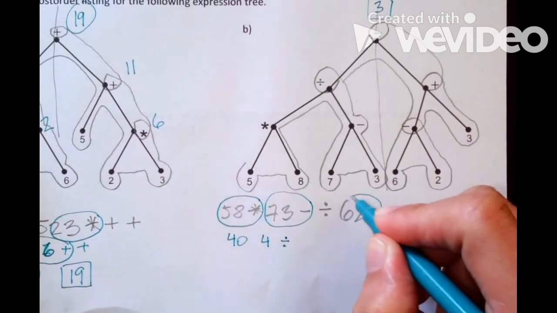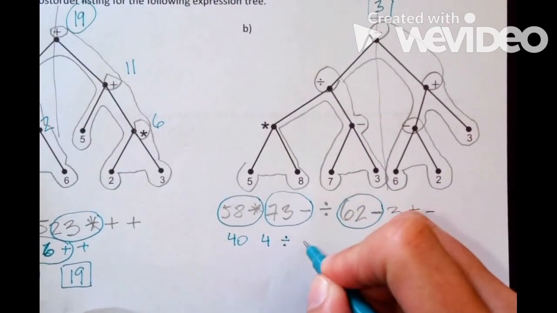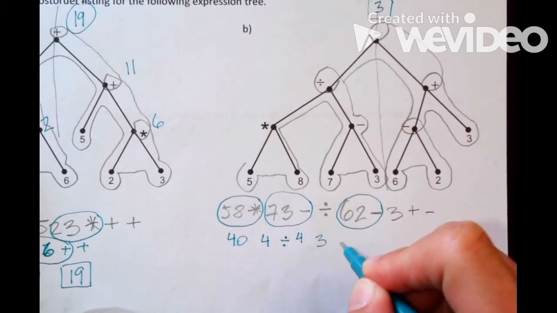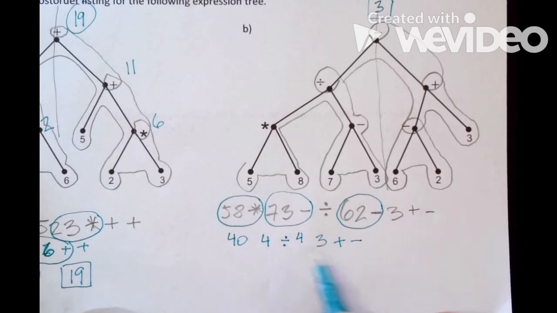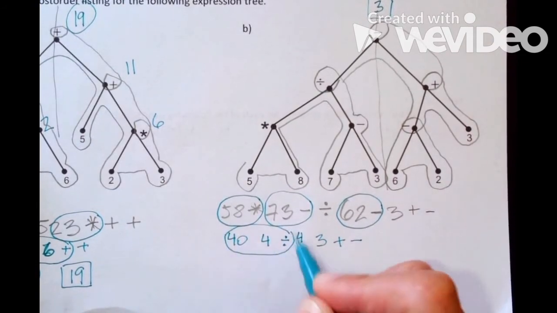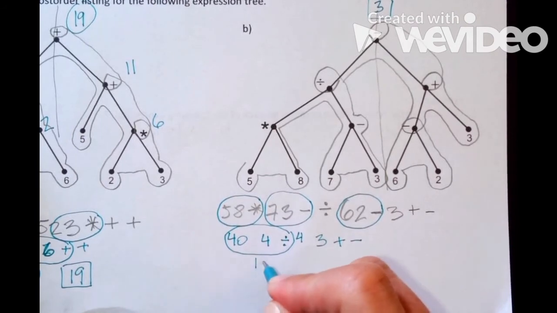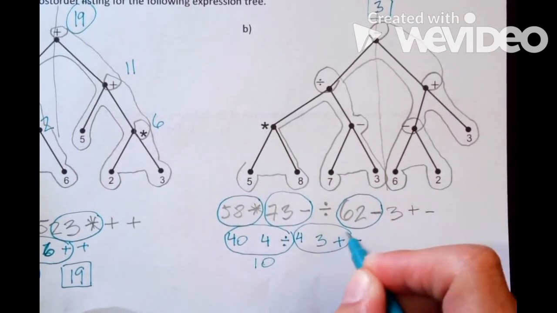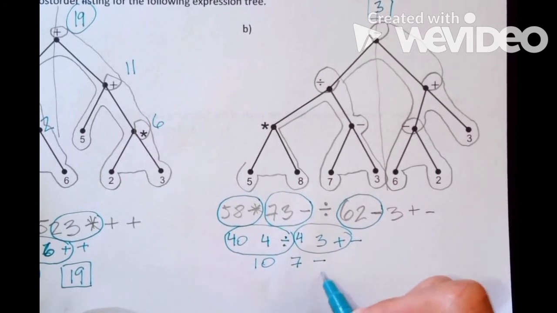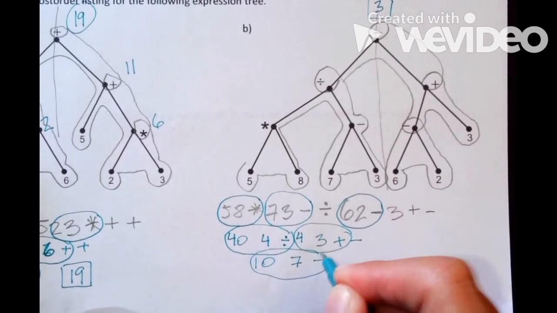The next two numbers, 6 minus 2, that's a 4. 3 will stay, plus and a minus. So here's the next two. 40 divided by 4 is 10. 4 plus 3 is 7. And there's your minus. 10 minus 7 gives you 3.